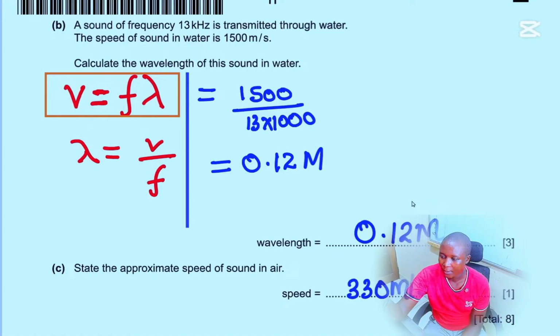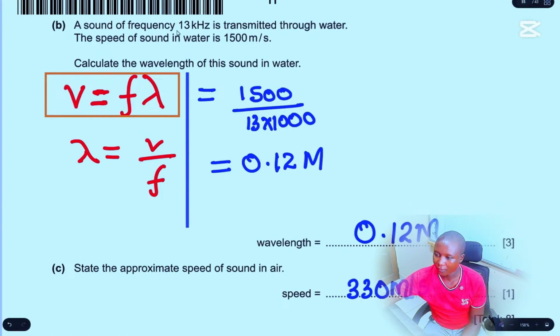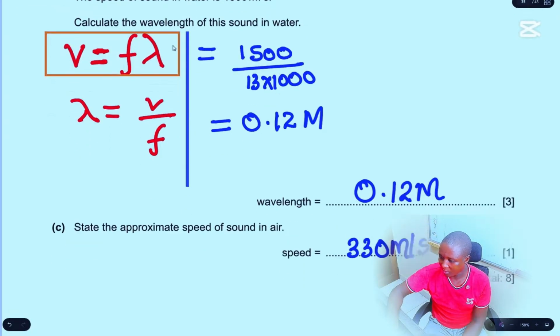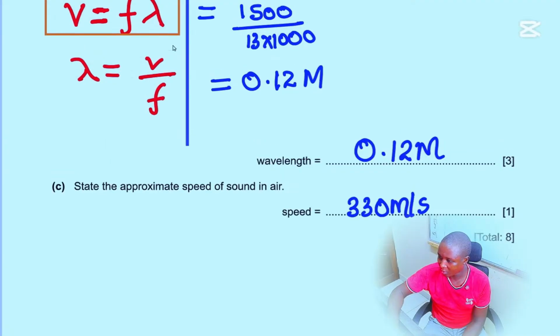So the speed is 1500 divided by frequency, and the frequency has to be in hertz because we are given kilohertz here. So you have to take this 13 times 1000 so that you can convert it to hertz, and we get our answer equivalent to 0.12 meters.